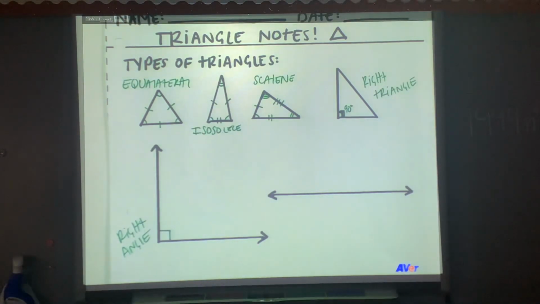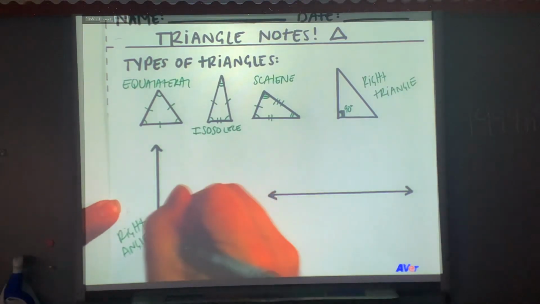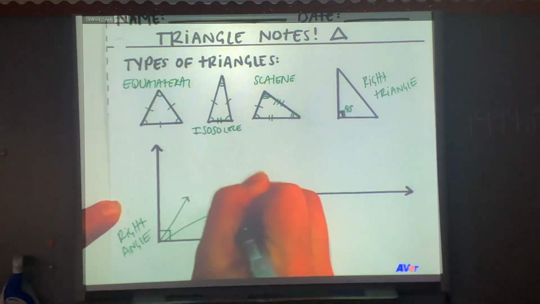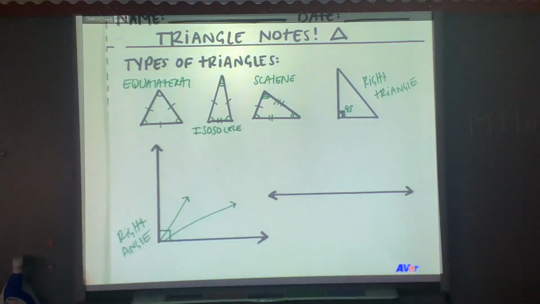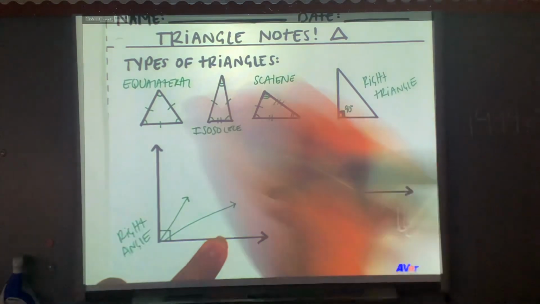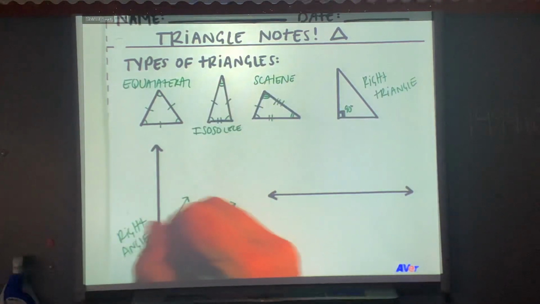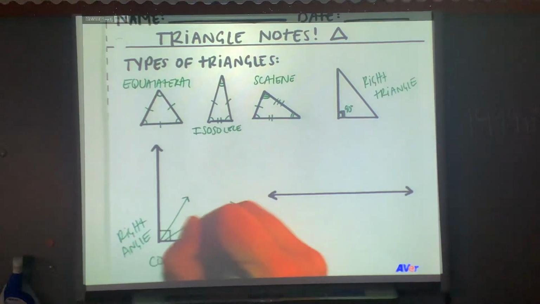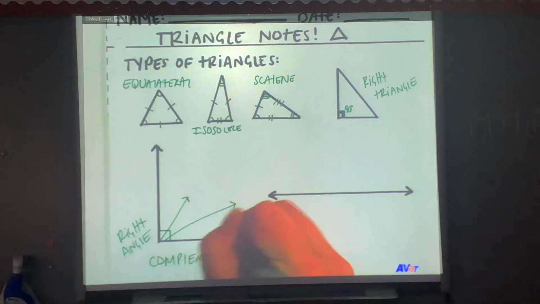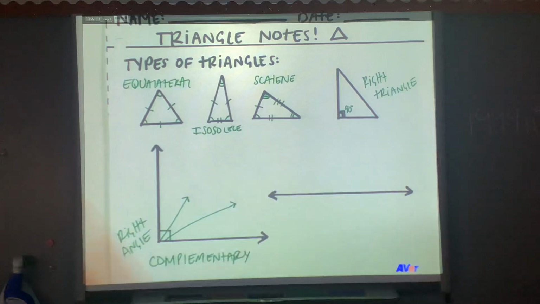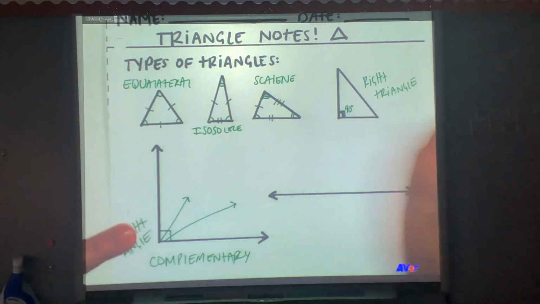All right, so let's talk about right angles. If you ever have more than one angle adding up to 90 degrees, it would form a perfect corner like this. This is called complementary angles, which we have talked about already. And then let's talk about this line.